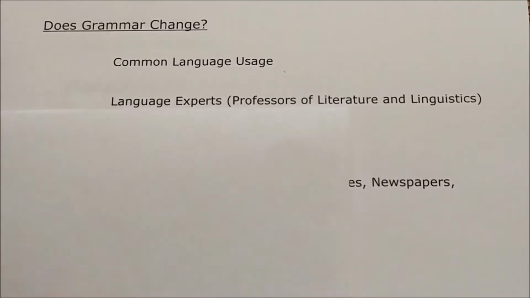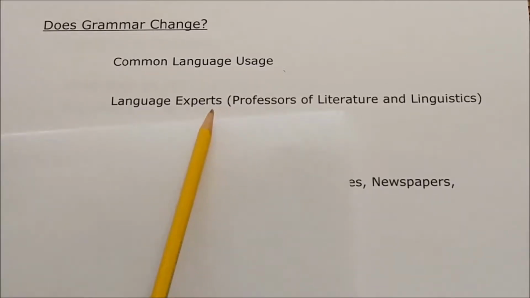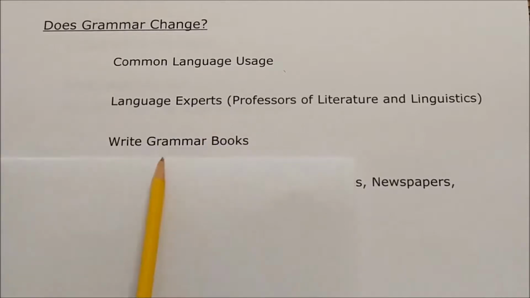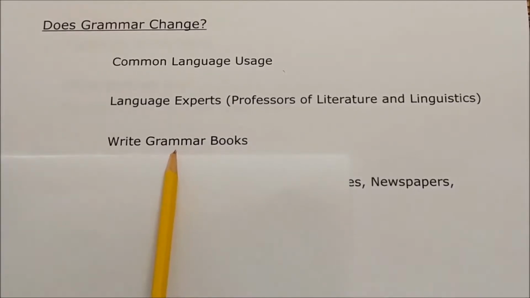And this is picked up by language experts, usually professors of literature or linguistics. And they analyze the language and come up with what they regard as what the standard grammar should be. And then they write grammar books saying, this is the standard grammar that everyone should be using to be understood.